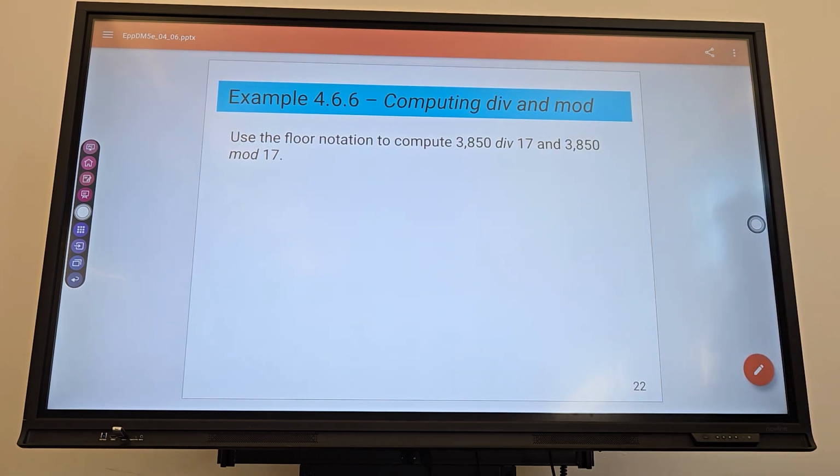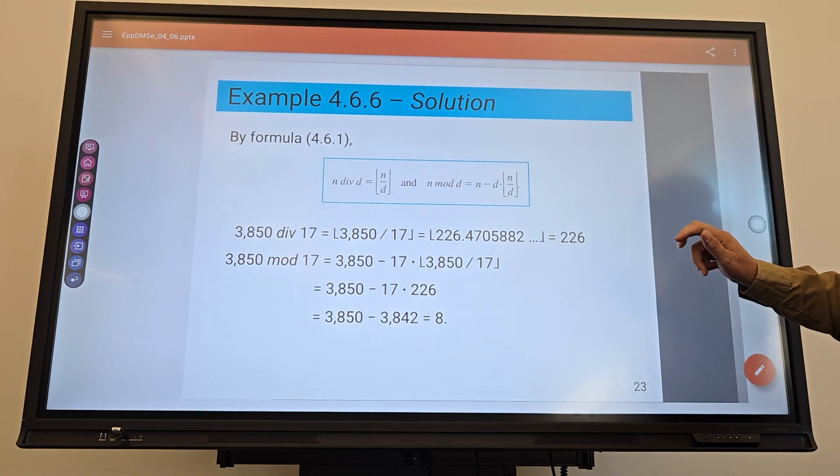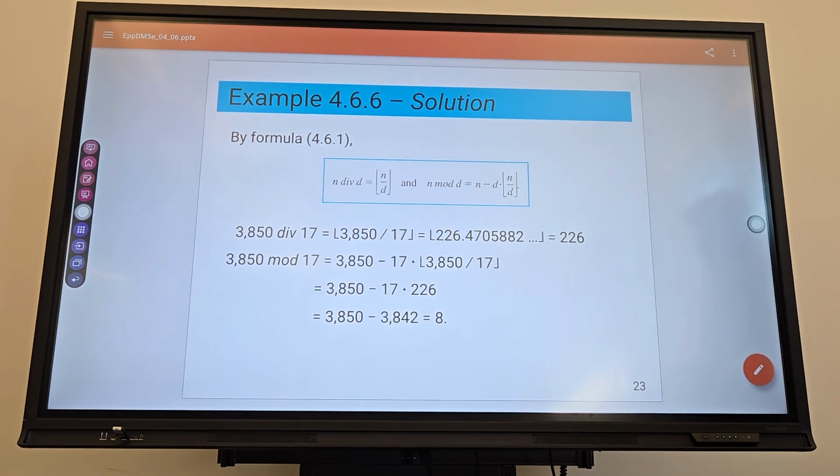Use floor notation to compute 3850 div 17 and 3850 mod 17. So there's that worked out.